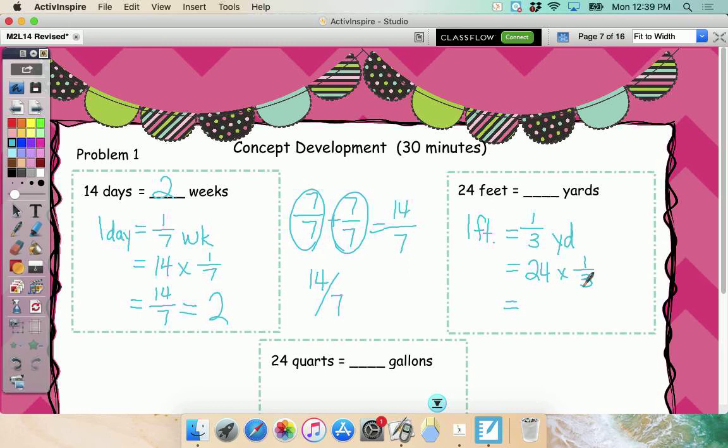What do you think? He wasn't here, so he hasn't had a chance to practice as much as us. Do you remember what I showed you here? What do you think? 1/4. You got it. 24 thirds. The denominator does not change.